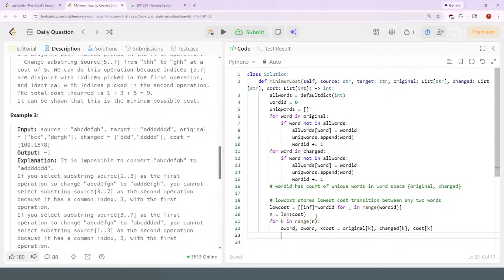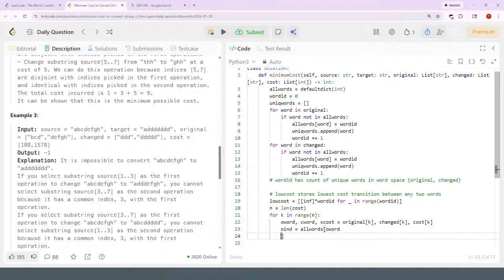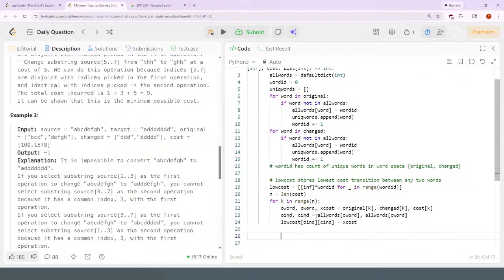So the original index is going to equal all words at the original word, and the change index is going to equal all words at the change word key. And then the low cost at the original index to the change index is equal to this exchange cost.